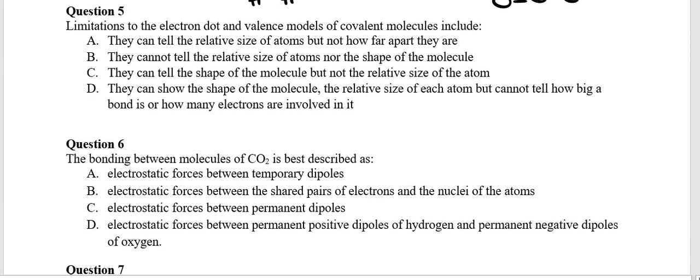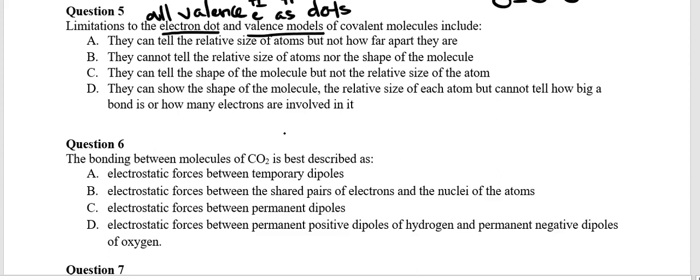Limitations to the electron dot and valence models of covalent molecules. Now the electron dot, as I mentioned earlier in the video on question 1, shows all valence electrons as dots.